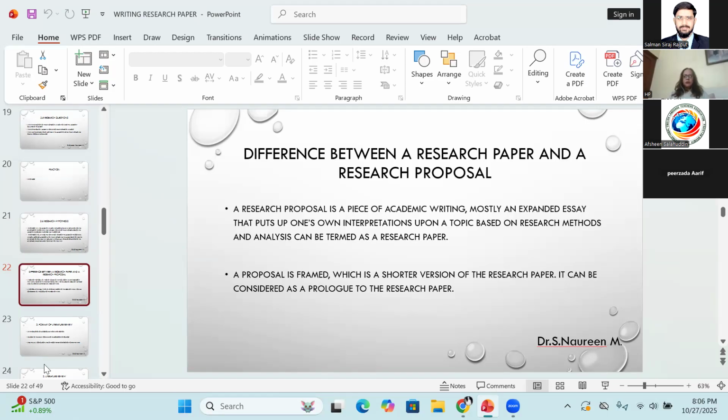So what is the difference, they're saying? A research paper is a piece of academic writing, mostly an explained essay that puts forward one's own interpretations upon a topic based on research methods and analysis. A proposal is framed as a shorter version of the research paper, and it can be considered a prologue to the research paper.